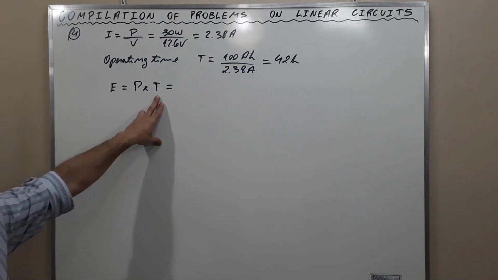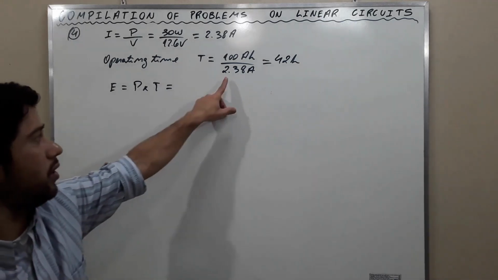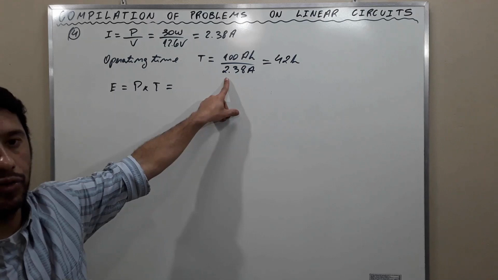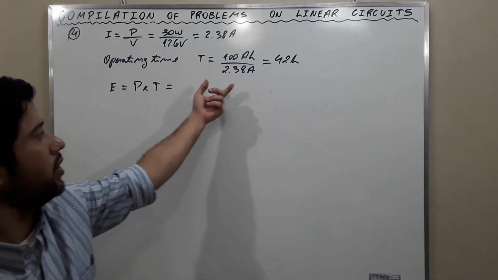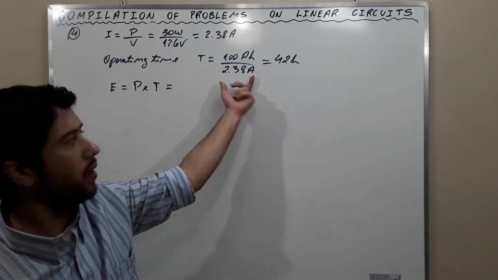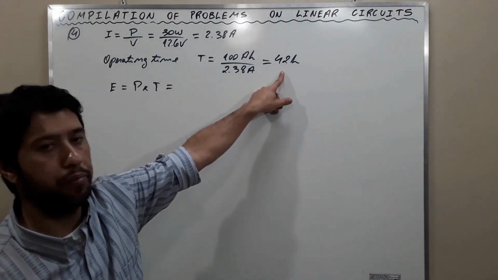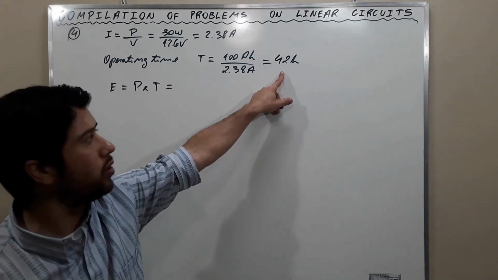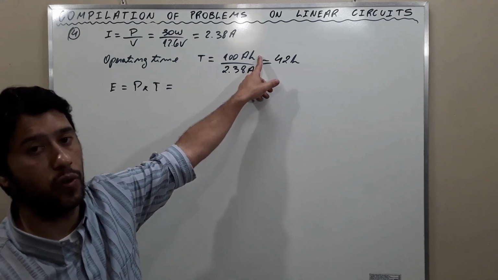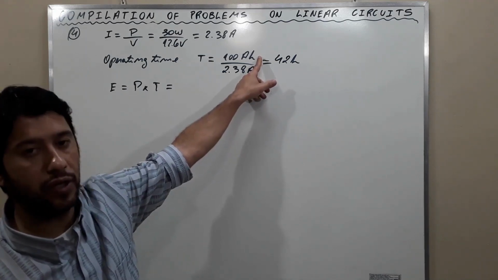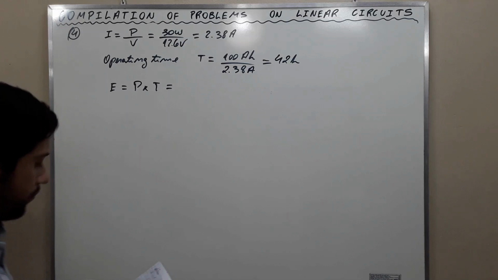The operating time is the period of time the battery will be operating since it is being required to deliver this amount of energy. So this amount of energy for the period of 42 hours exceeds or is precisely equal to the capacity of the battery.